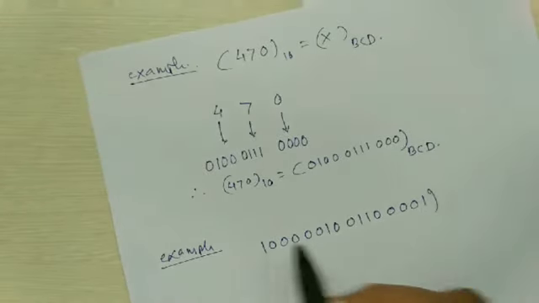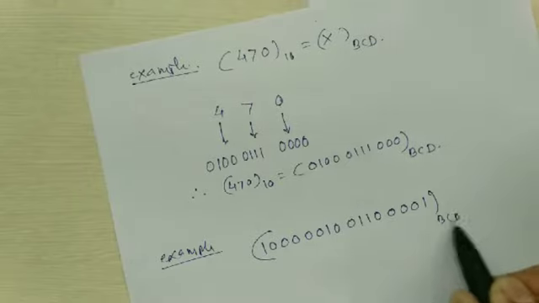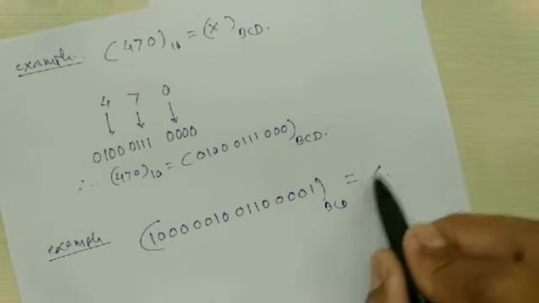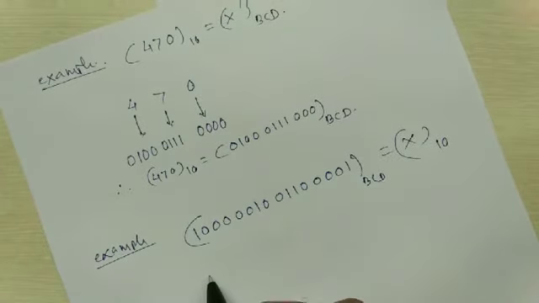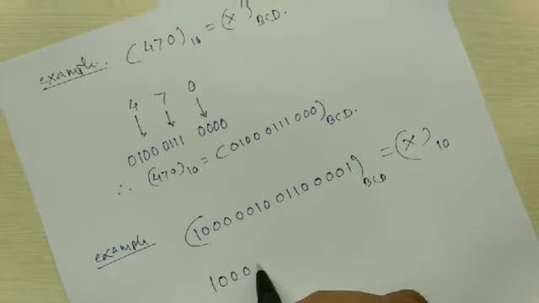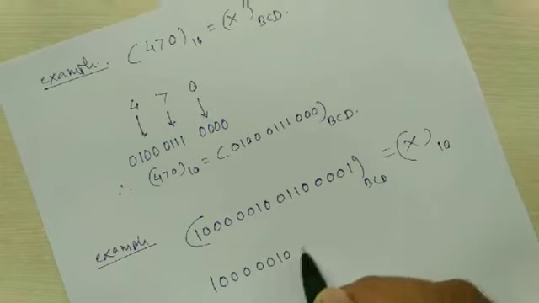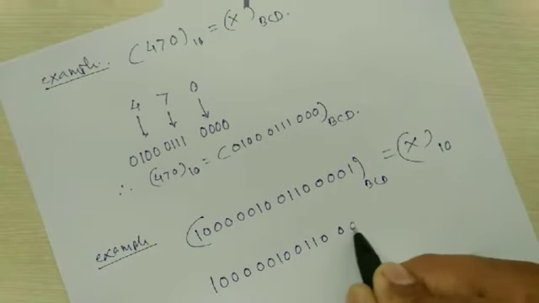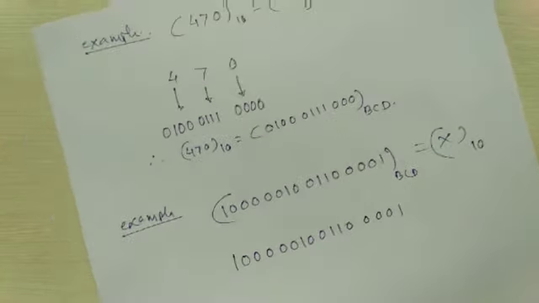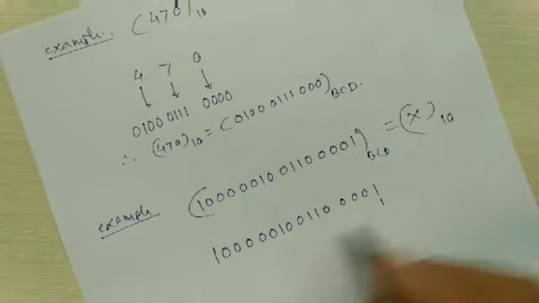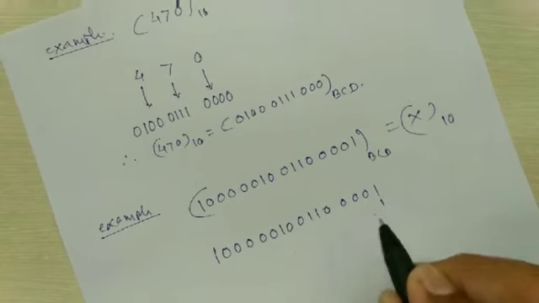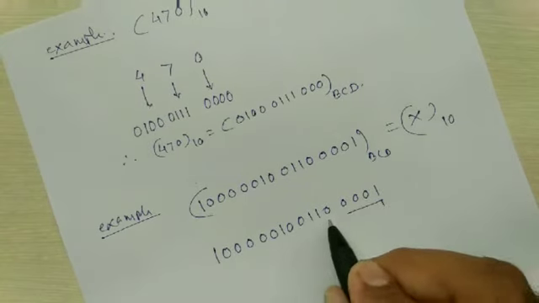This is a BCD number. We have to convert it into its decimal equivalent. Now the procedure is to form groups of 4 bits from the LSB. Start from the LSB. So this is the LSB. This is a group of 4 bits.